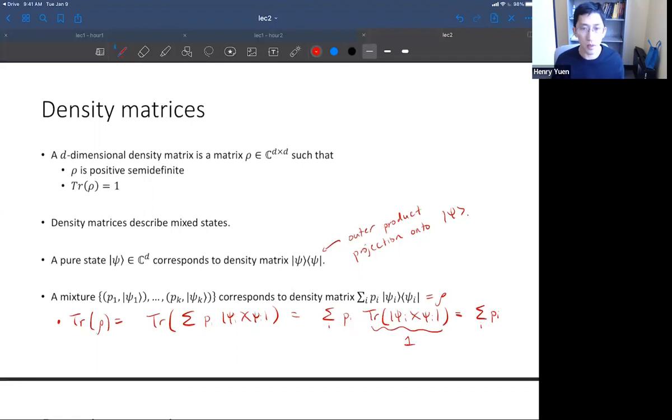This trace is 1. If you take this rank 1 outer product of a unit vector, the trace of this matrix is going to be 1. And the sum of these probabilities is going to be 1 because all of these probabilities have to sum up to 1. So we verify this trace condition. And we just have to check that it's positive semi-definite. This is PSD because you're taking a linear combination of rank 1 outer products, each of which are positive semi-definite, and you're taking non-negative linear combinations of them.